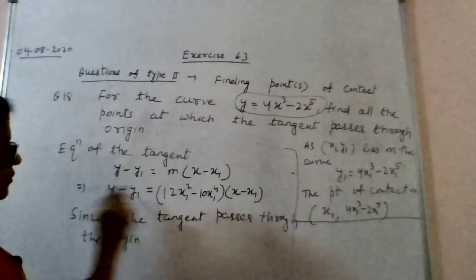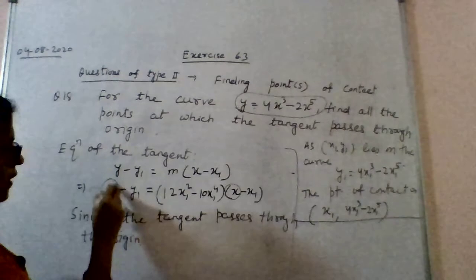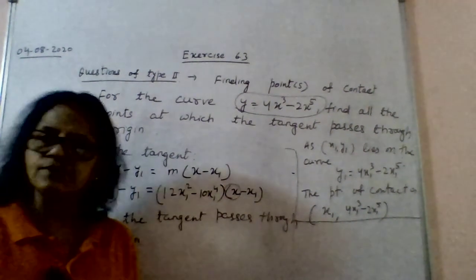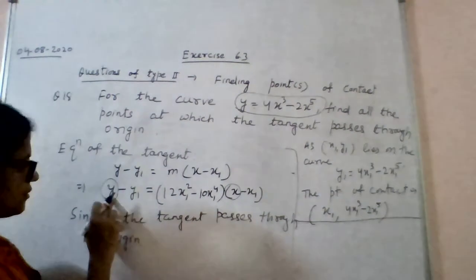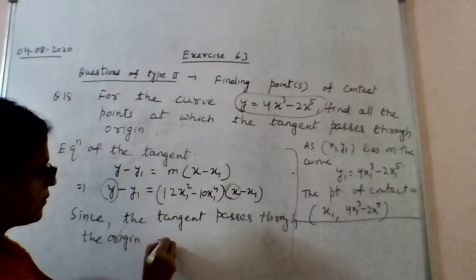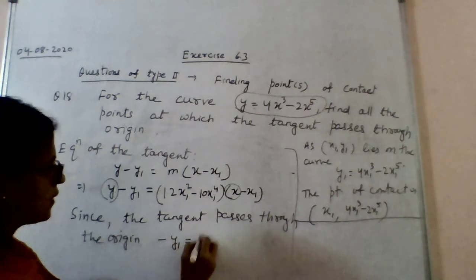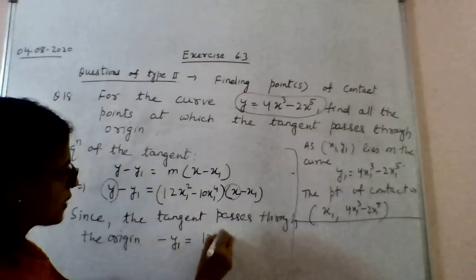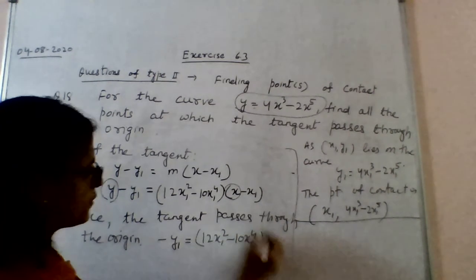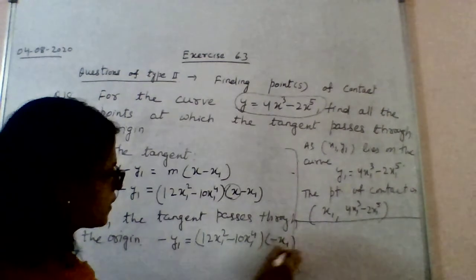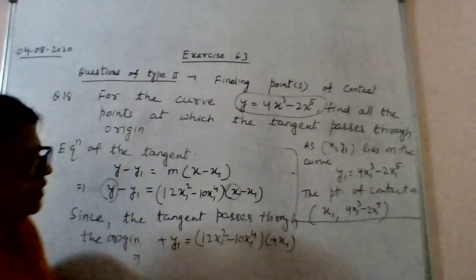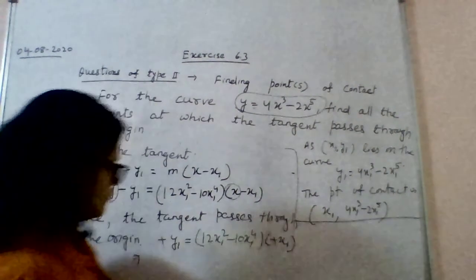So x equals 0 and y equals 0 will satisfy the equation of the tangent. Putting x0, y0, we have minus y1 equals 12x1 square minus 10x1 power 4 into minus x1.